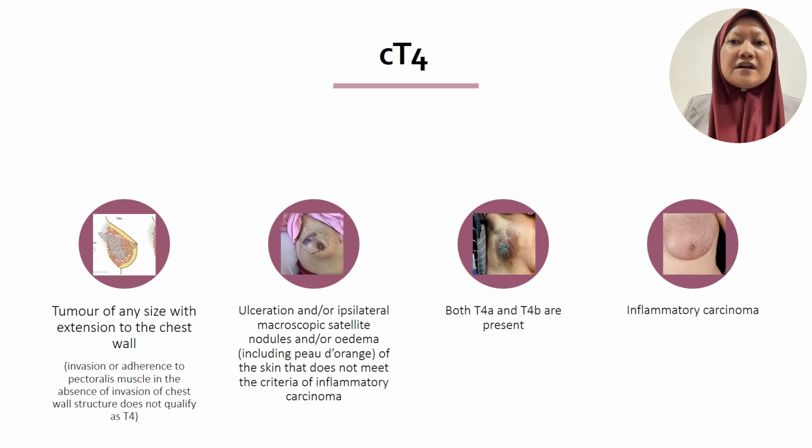T4c is classified as when there is a combination of both chest wall and skin involvement. And T4d, this stage refers to inflammatory breast cancer, characterized by rapid changes in the breast, including swelling, redness, and peau d'orange. Understanding this classification is very important for determining the appropriate treatment strategies and prognosis for patients with advanced breast cancer.